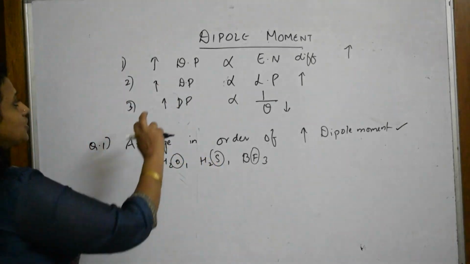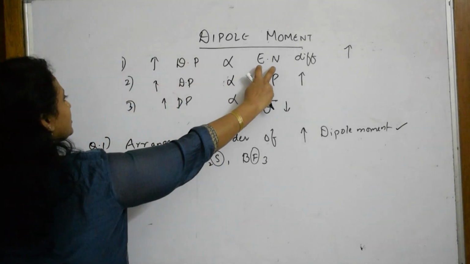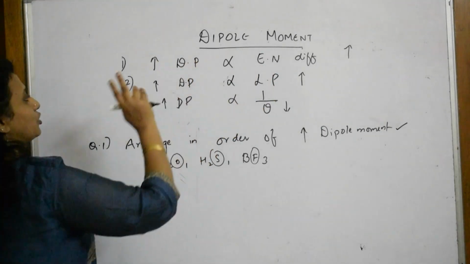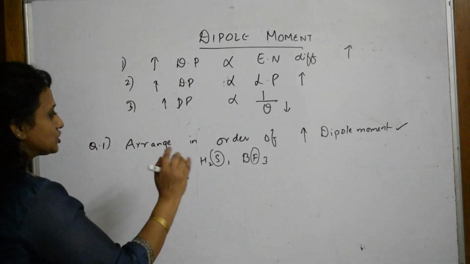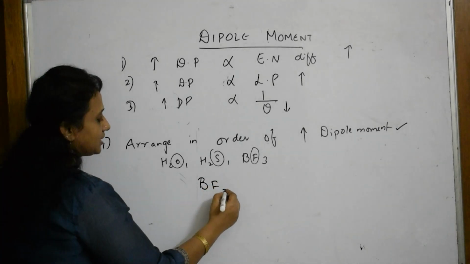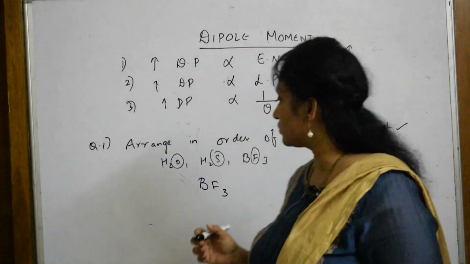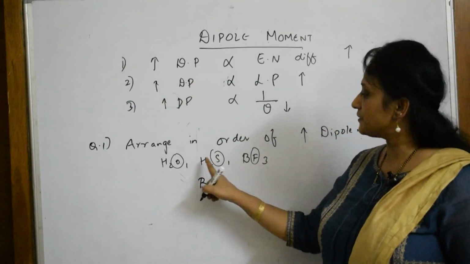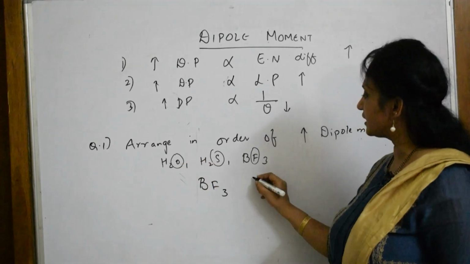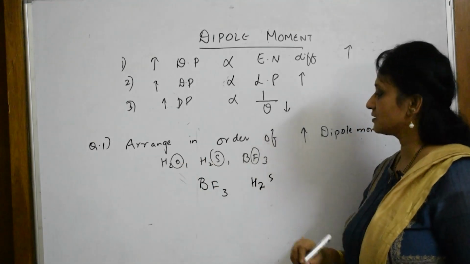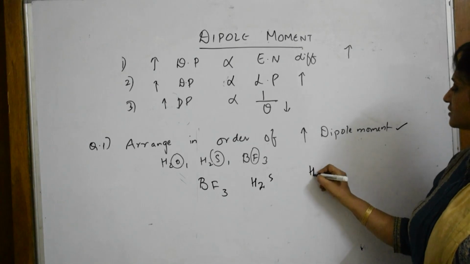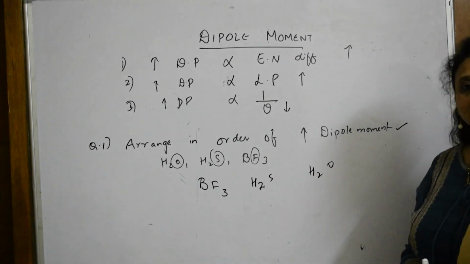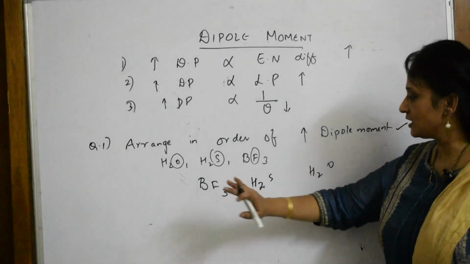Correct? So as I said, as electronegativity difference increases, dipole moment also increases. Done. So the first one is BF3. After that, what is the next one which comes? Among sulfur and oxygen, which has more electronegativity? Then again after this comes oxygen. Simple, isn't it?